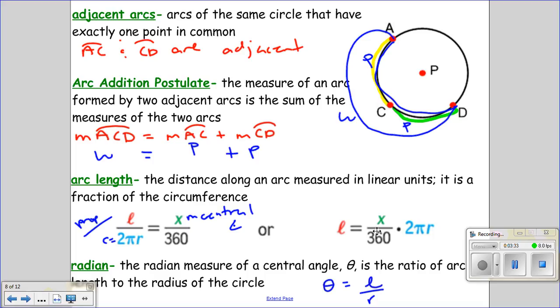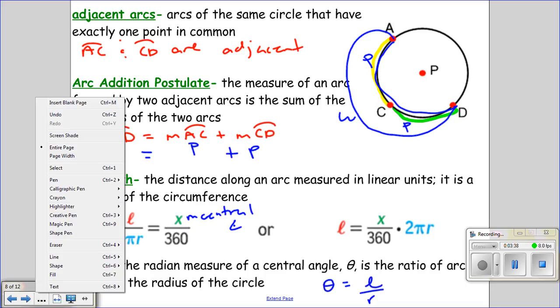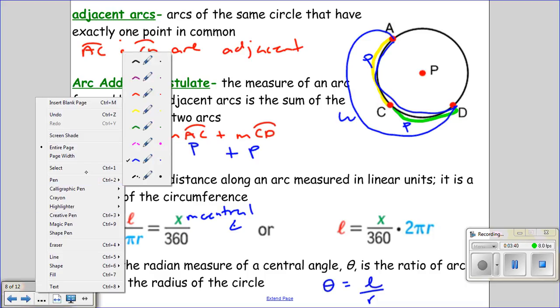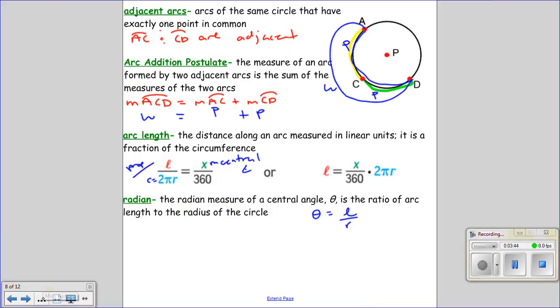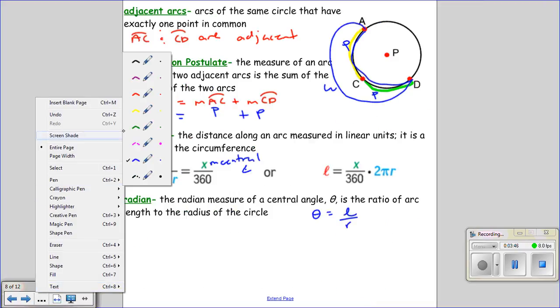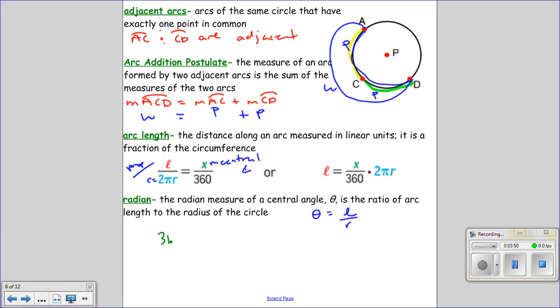So a full revolution, a full distance around an entire circle, 360 degrees, is equal to 2 pi radians. Half a circle, 180 degrees, is equal to pi radians.